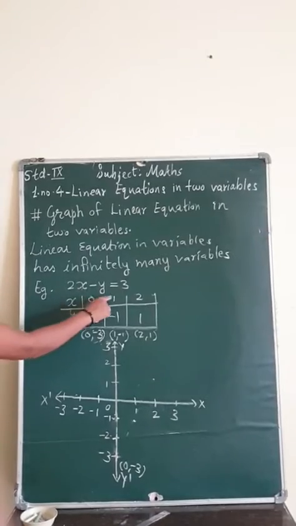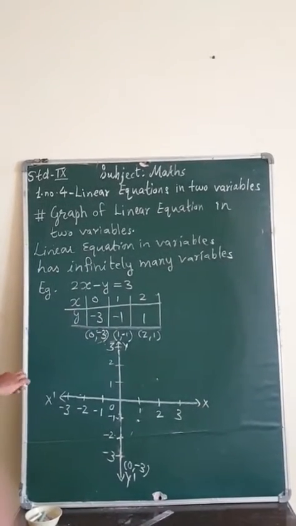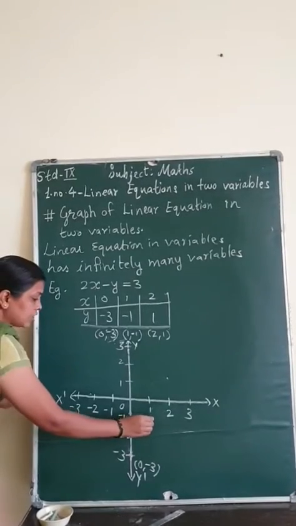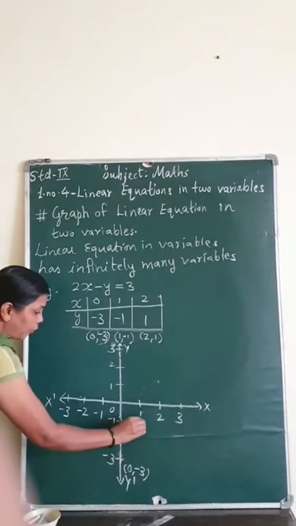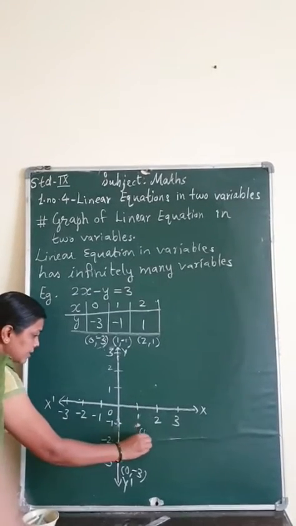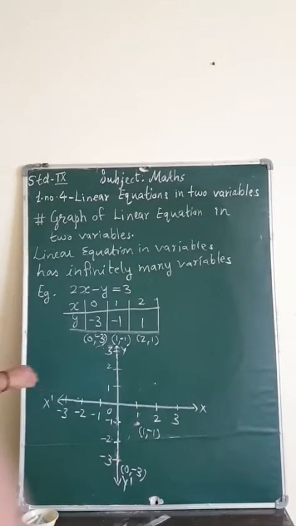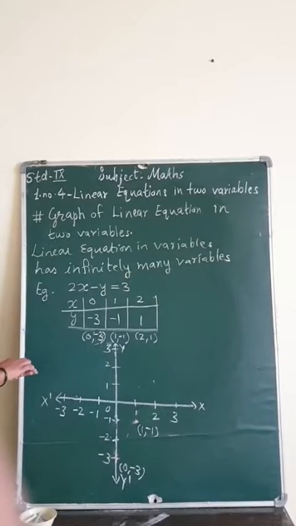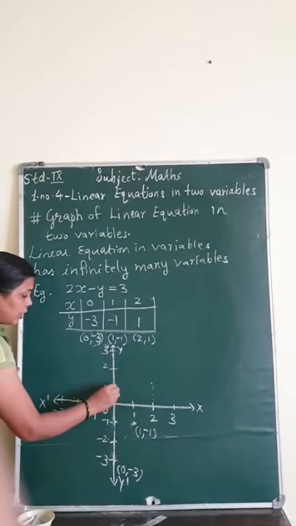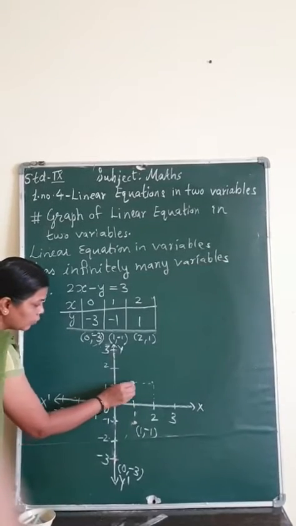The next point is (1, minus 1). It means 1 on the x-axis and minus 1 on the y-axis. The point we get here is (1, minus 1). Next is (2, 1), so here 2 on the x-axis and 1 on the y-axis.